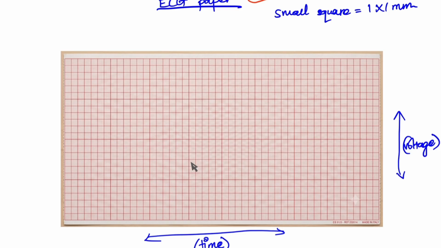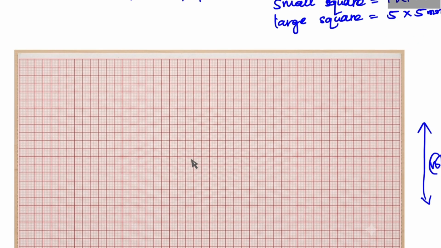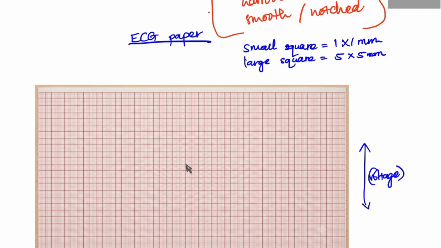And then the dark lines that you see delineate large squares of 5 by 5 millimeters. So now the distance across one small square, just one tiny small square right here, we just said is 1 by 1.